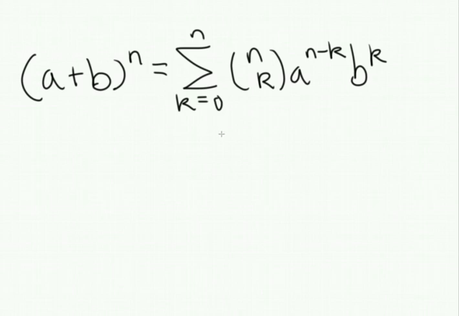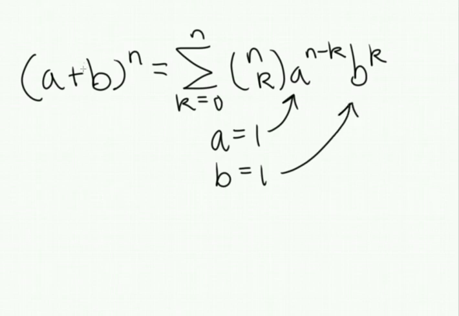And we find that if a equals 1 and b equals 1, it works. And often when we use the binomial theorem to solve problems, we have to cleverly pick our a and b such that we get the numbers to match up on the left and right sides.